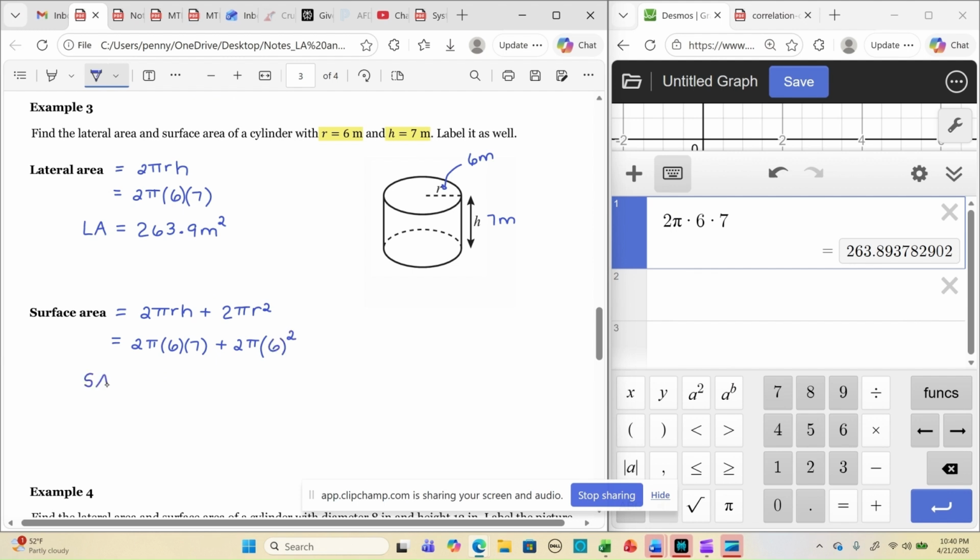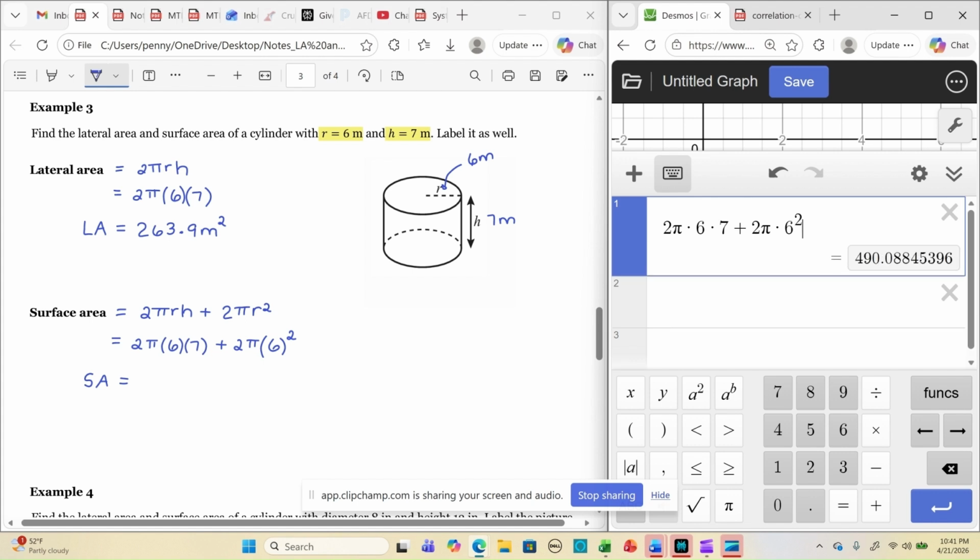Now back over to Desmos. I have my 2 pi times 6 times 7. Now I need plus 2 pi times the radius of 6 squared. And we get 490.1 meters squared.